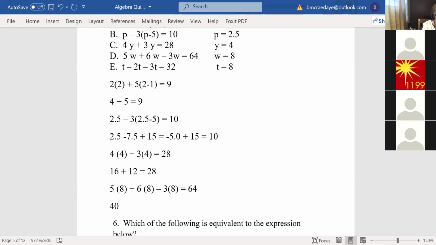So that would be 88 plus 48. And what's minus 3 times 8? Minus 24. Now add that up. What's 88 minus 24? 64 would be the answer. Latoya, there you go.